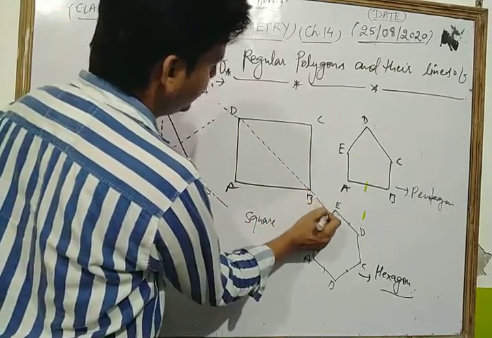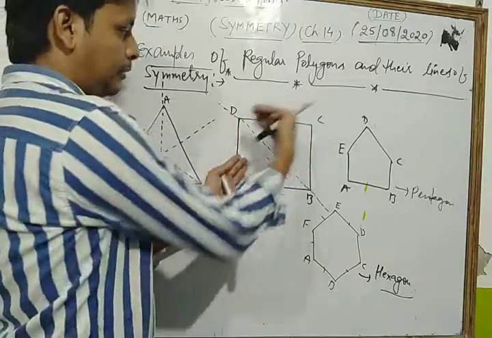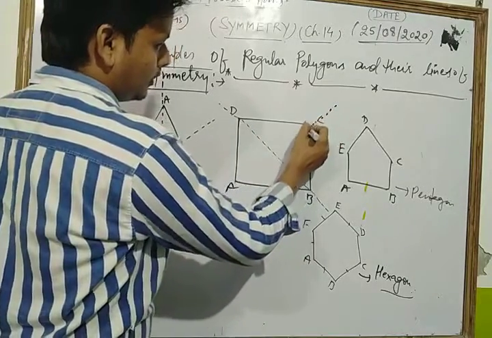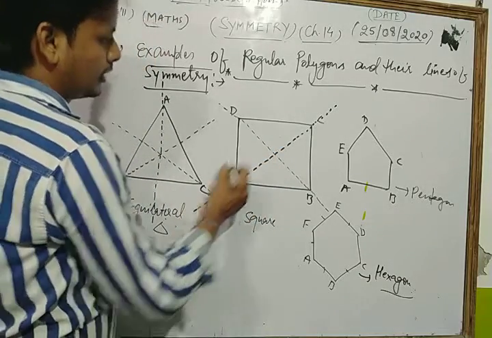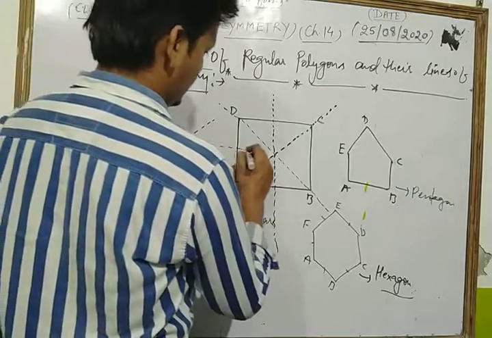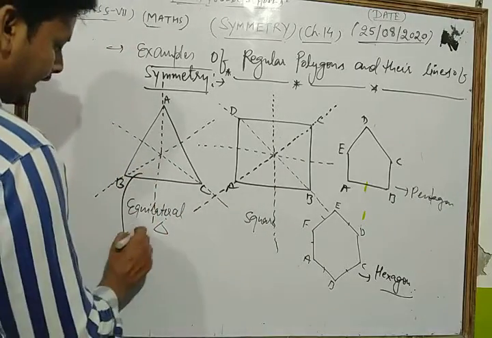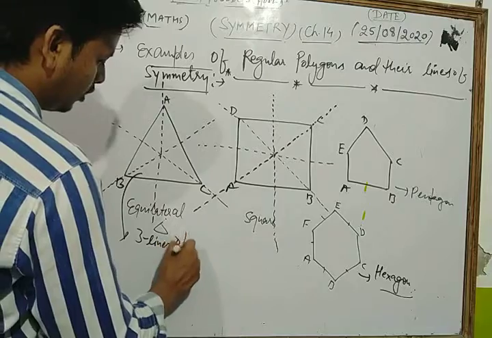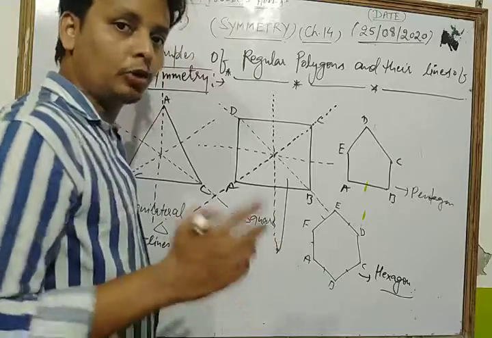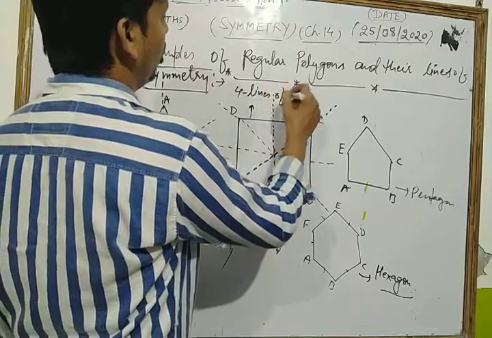In this way, if we fold the square about its line of symmetry, then one part is superposed on the other. In this way, 3 and 4. So we can say that an equilateral triangle has 3 lines of symmetry, and a square has how many lines of symmetry? 4 lines of symmetry.